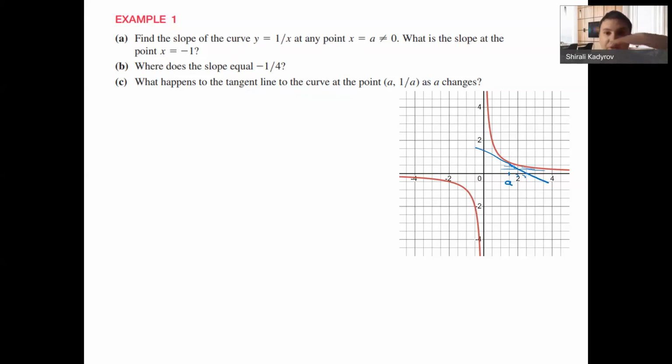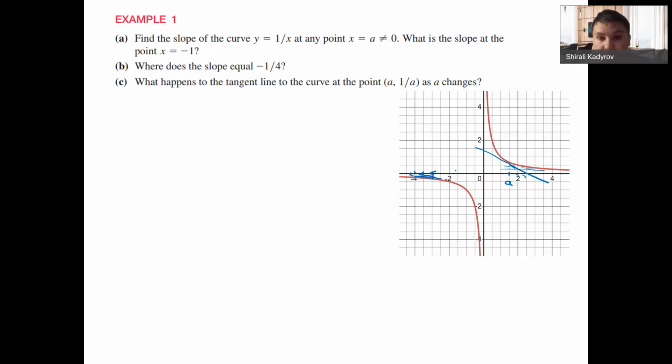It's becoming more horizontal. Horizontal means the angle is becoming pi or 0, and the tangent at that point is 0. So my slope is approaching 0. And similarly here, if I approach negative, my tangent line is becoming more and more horizontal. It means my slope is becoming 0.